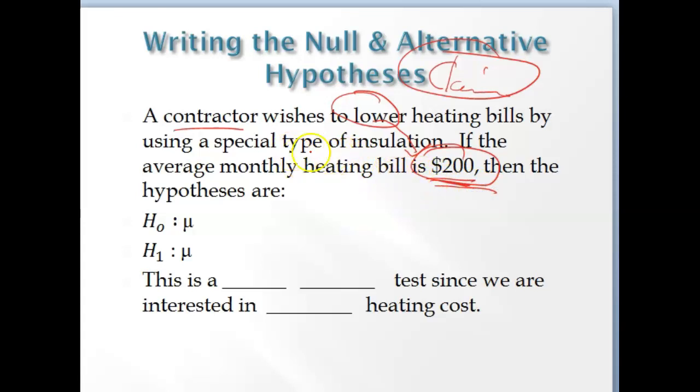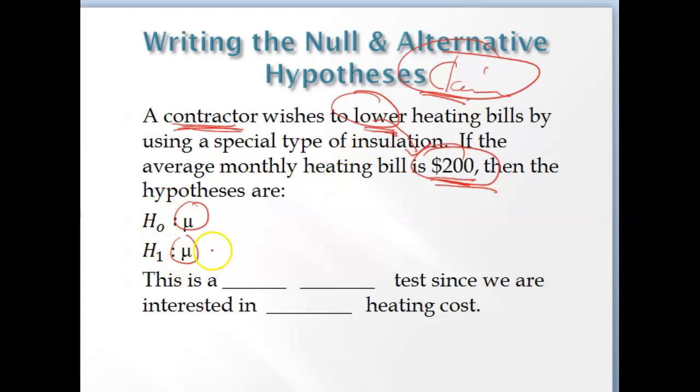So here, again, we need to identify the claim. This is a hypothesis test for a population mean again, so that's why I have mu here. The claim is that if I use this special type of insulation the contractor is providing, then my average monthly heating bill will be lower. Well, lower means less than.